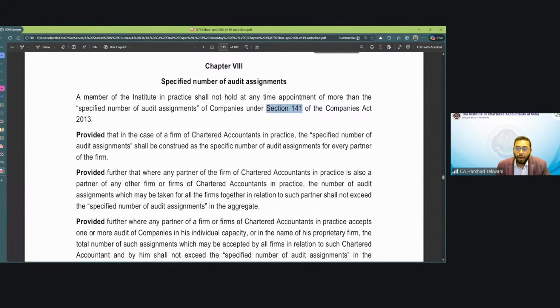So you have to take audits, whether internal audit or any assurance engagement, where you have the time bandwidth to perform that particular assignment. Otherwise, the relevant provisions of the code of ethics, the Chartered Accountants Act and their schedules will also be applicable.